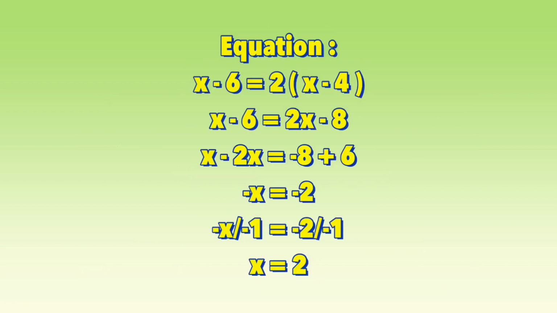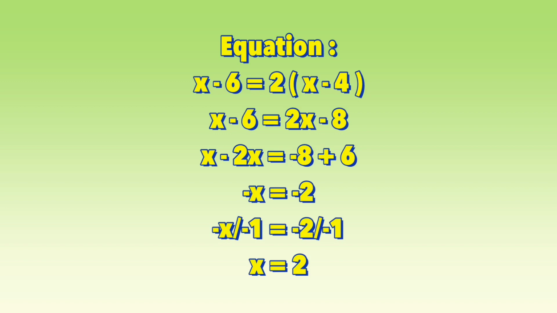Then our equation, since this age problem compares the age of Jerry and Millen: x minus 6, the age of Jerry, equals 2 times the difference of x and 4.